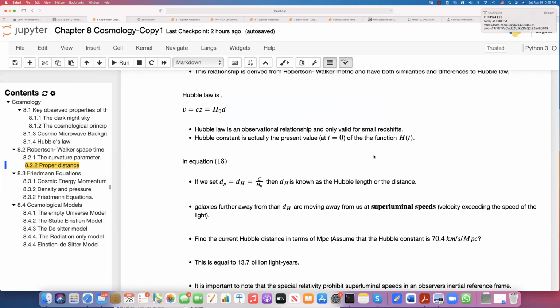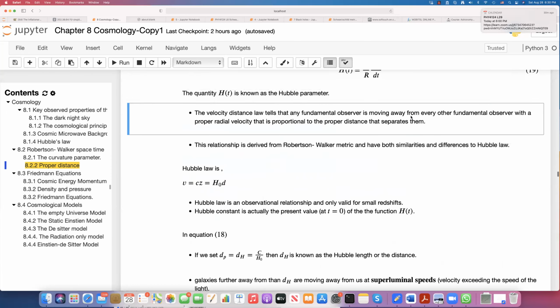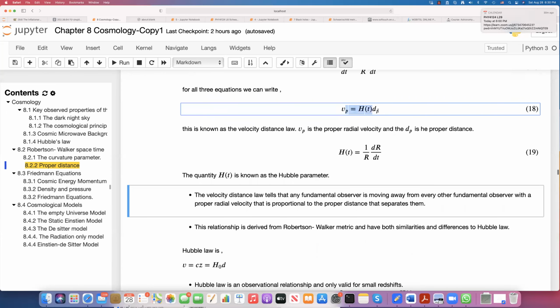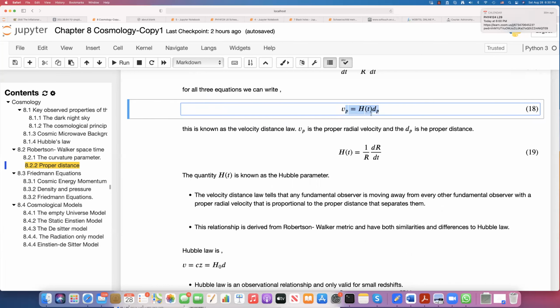Right. Now this Hubble parameter leads to some interesting discussion here. If you look at equation 18, the velocity-distance law, you can see that you have the Hubble parameter and distance on the right-hand side.